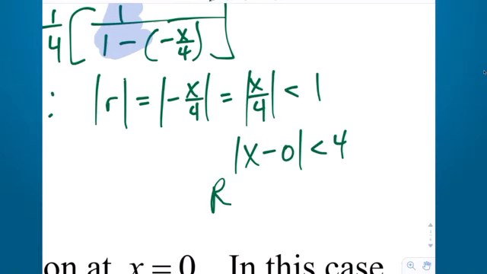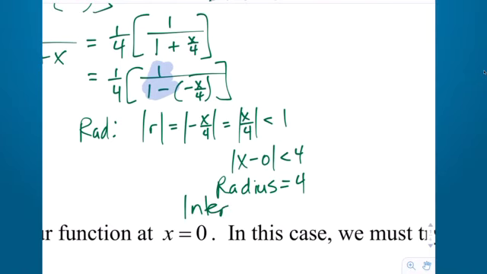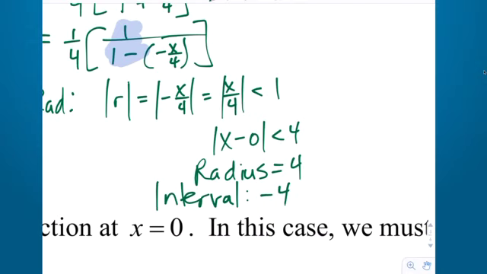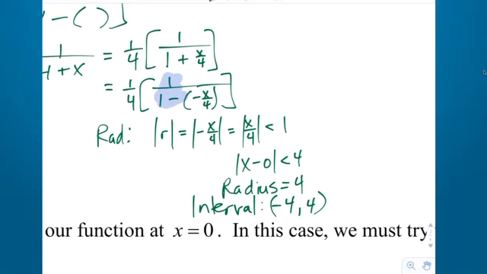So what's the radius of convergence? It's 4. And because it's geometric, guess what the interval of convergence is, if it's still centered at 0? Negative 4 to 4, non-inclusive. There you go. So that's why recognizing it as a geometric series can be a huge time saver.